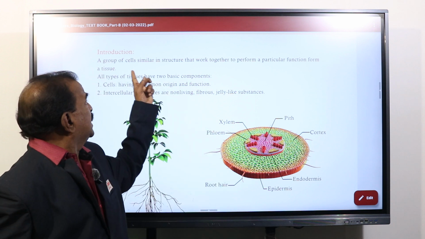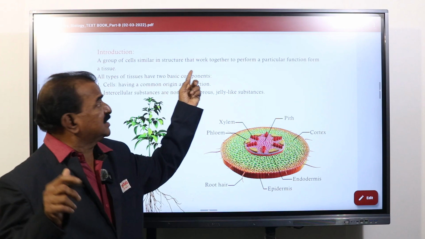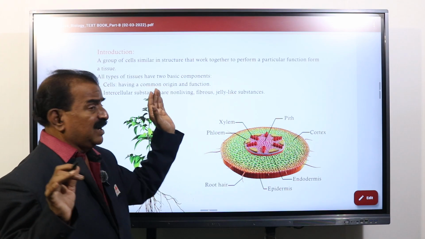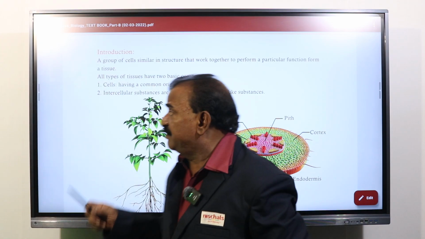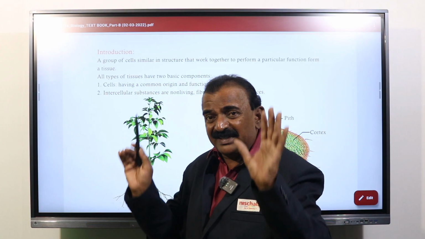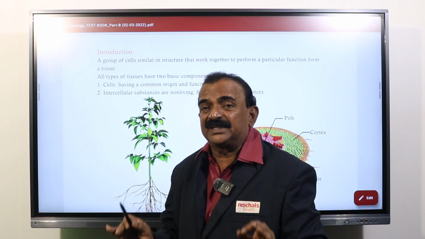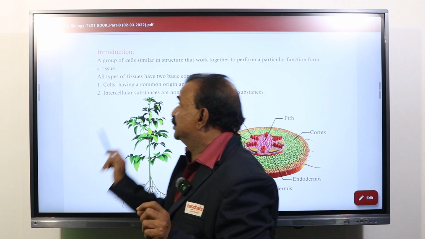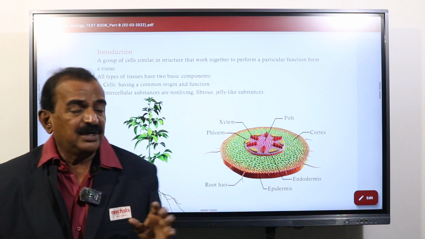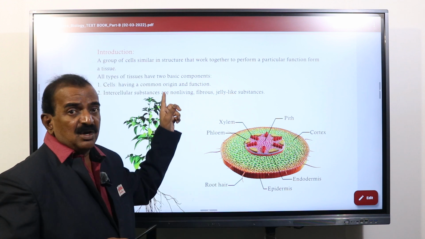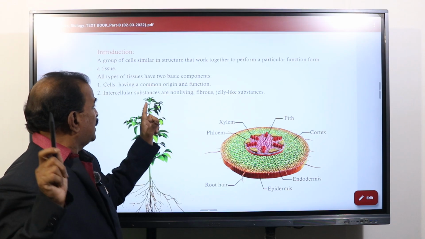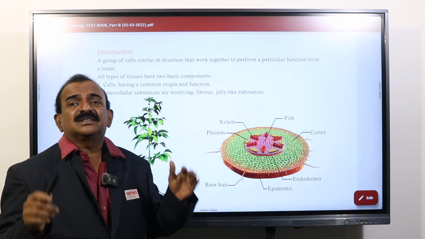A group of similar structures working together to perform a particular function form a tissue. So what is a tissue? You need to write: a group of similar cells of the same origin performing the same function. All types of tissues have two basic components: cells of the same origin and function, and intercellular spaces.